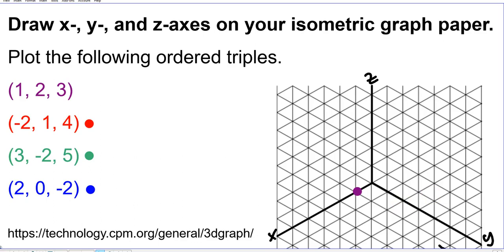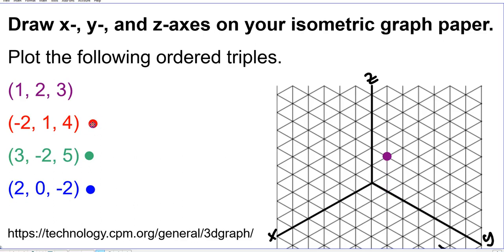Do you see that? It's now going to go 2 in that direction. So 2 in the y. And then 3 in the z direction, which is going to be straight up. 1, 2, 3. Okay, so that is where that first point is.